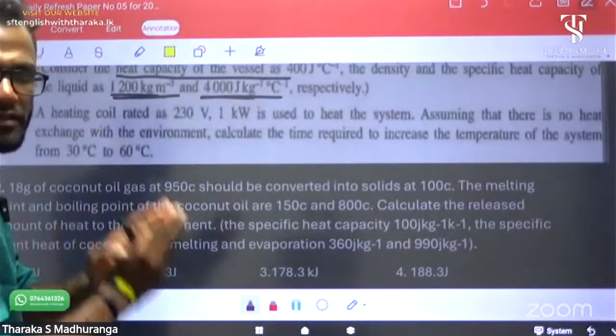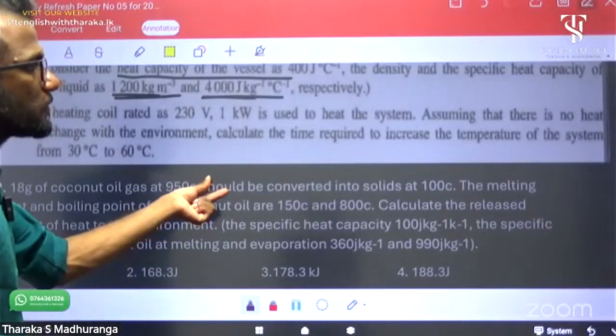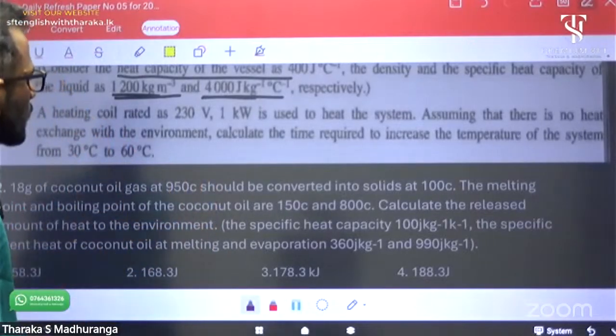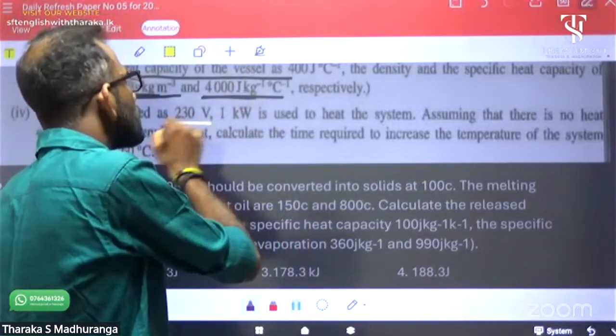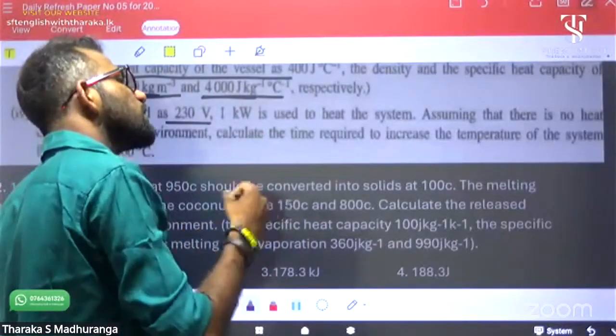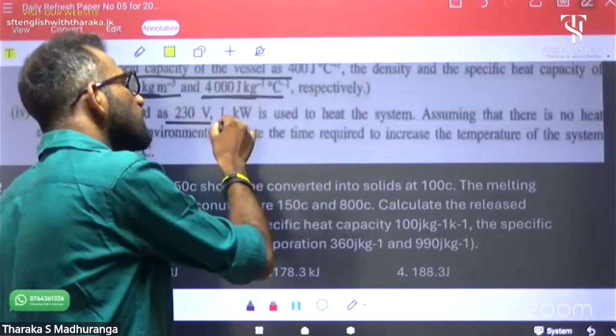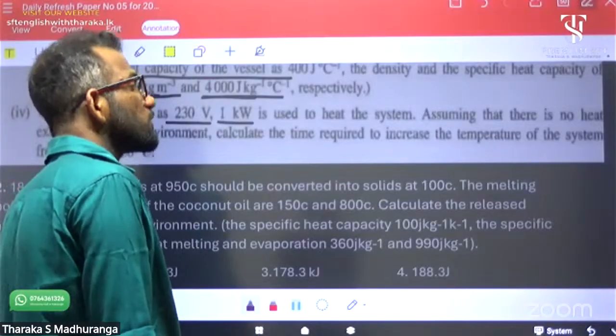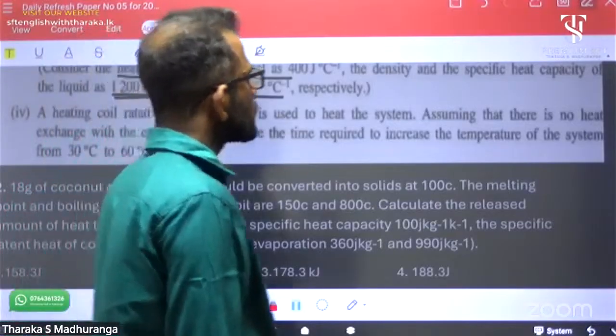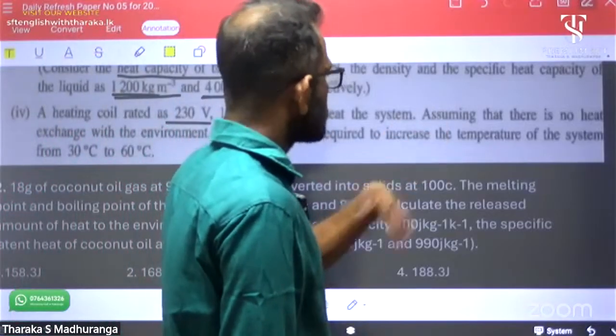The next one is the electricity one. Electricity is completely discussed, no? A heating coil rated at 230 volts, which means supply voltage, and output power 1 kilowatt, which means 1000 watts is used to heat the system. This is supply power.